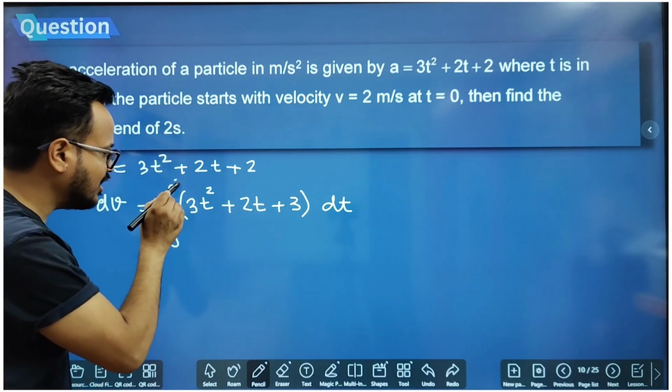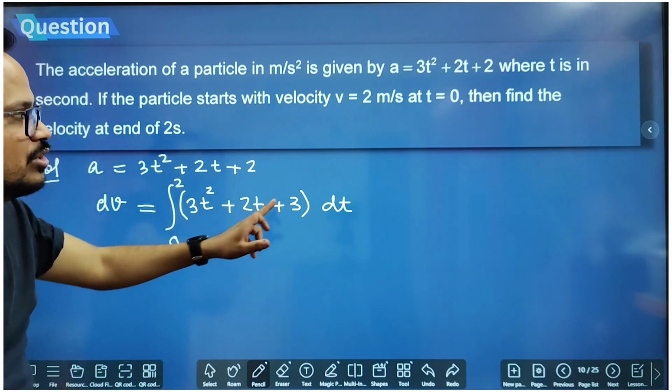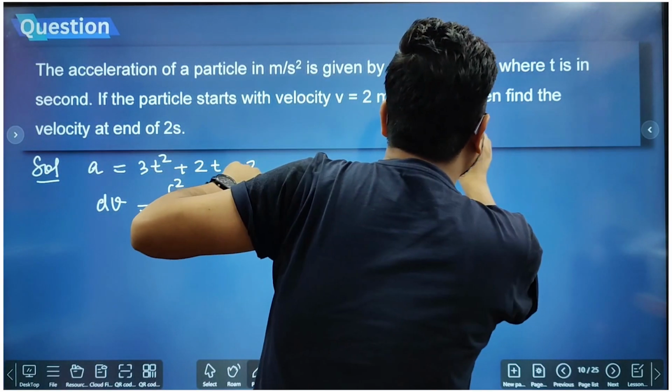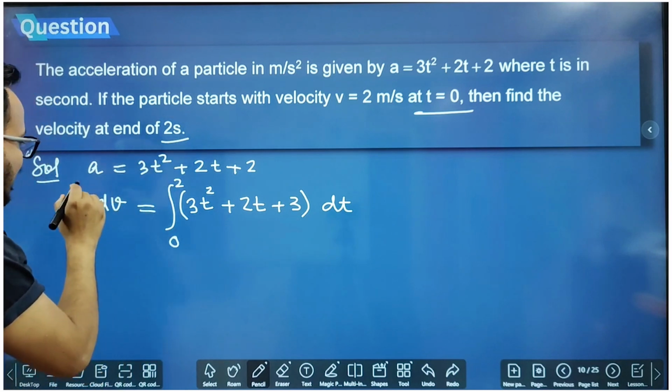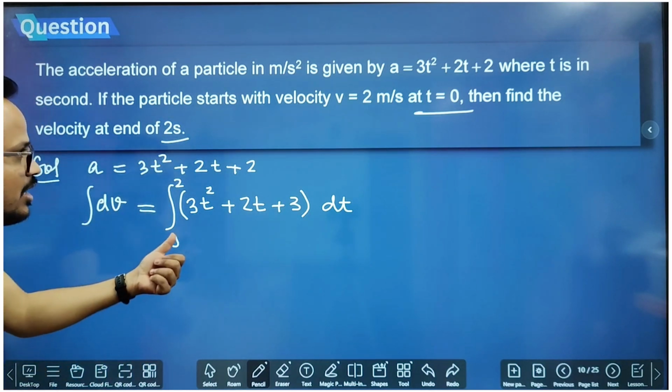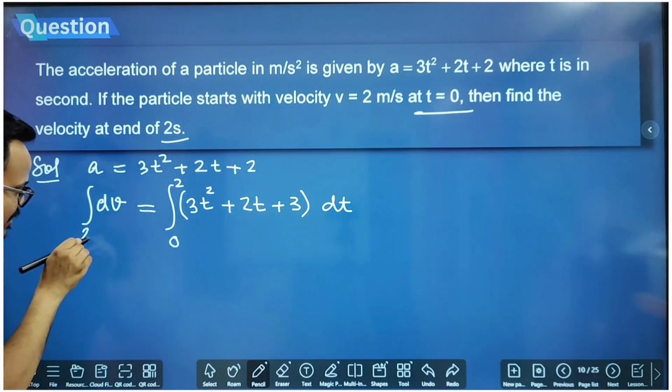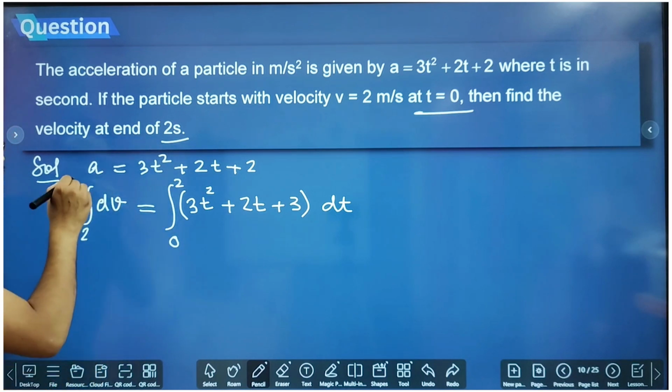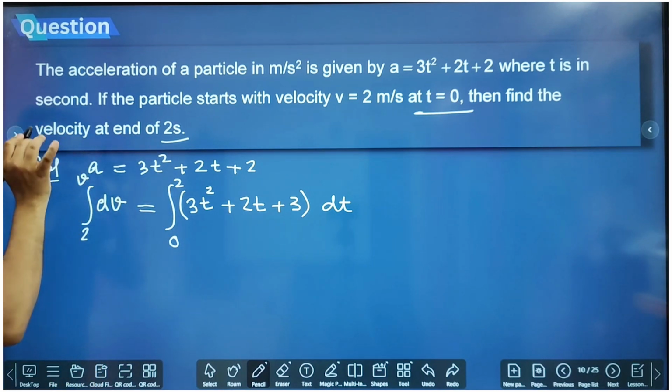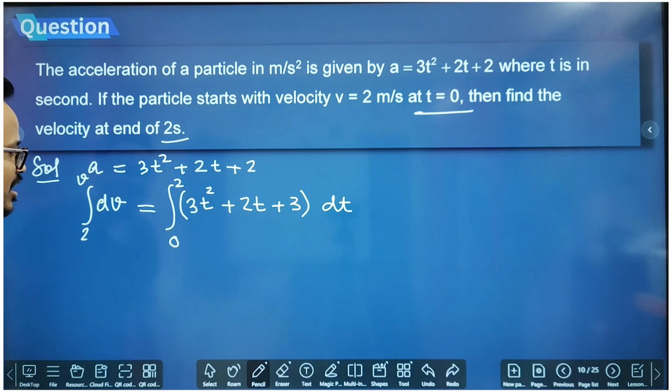So we will integrate it from 0 to 2 because we know the limits of time, and we know the limits of velocity. At t equal to 0 velocity was 2 meter per second. At t equal to 2 we do not know the value of velocity, so let's take it as v.